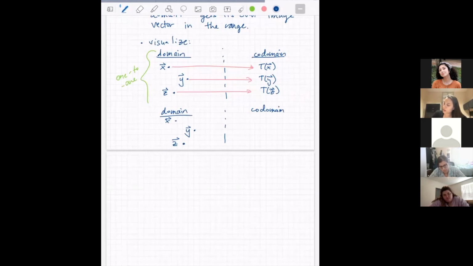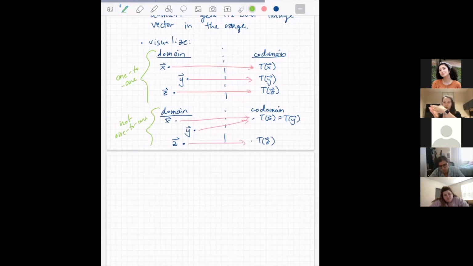If x and y get mapped to the same image point, that would mean that T of x is equal to T of y, so this is not one-to-one, and that's what I'm talking about when I say there's no overlapping. Here we have some overlap, or collapsing, which means you're not one-to-one.